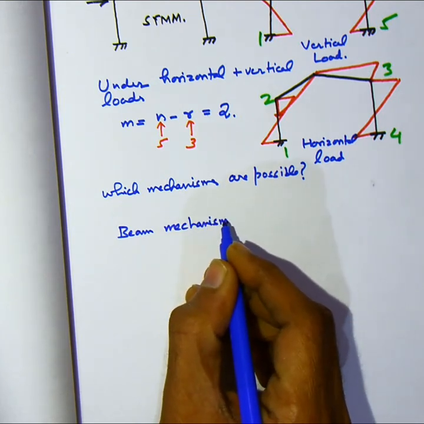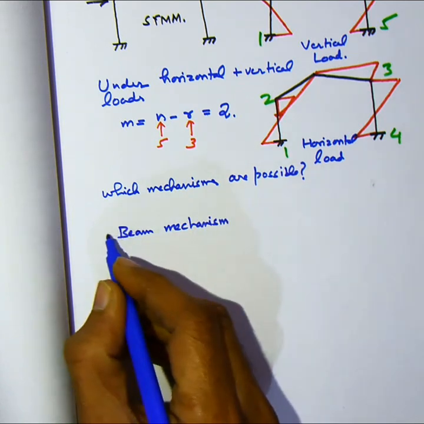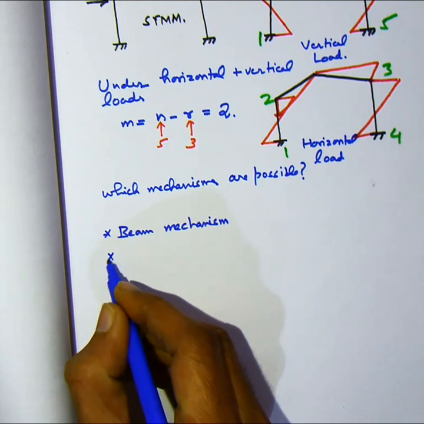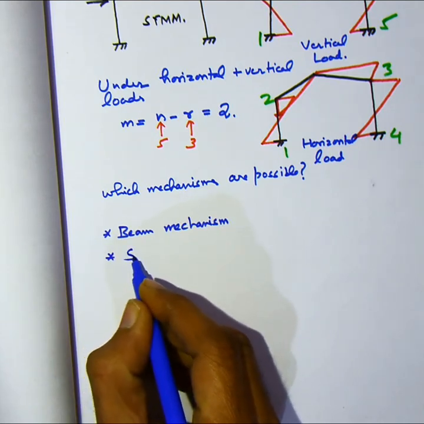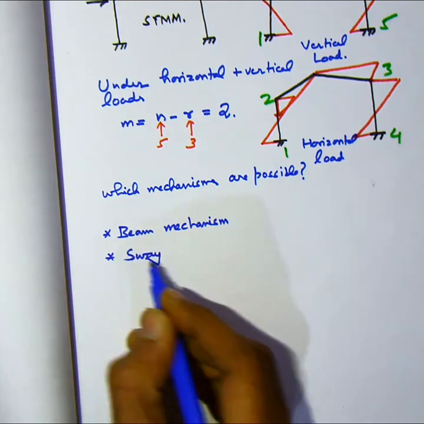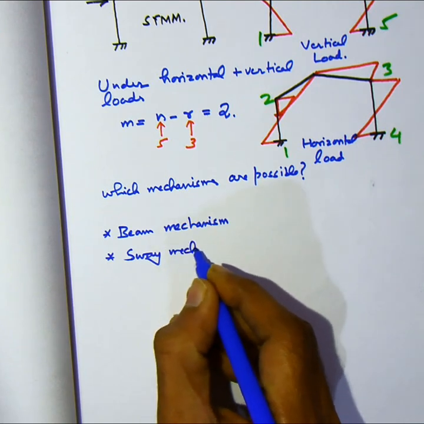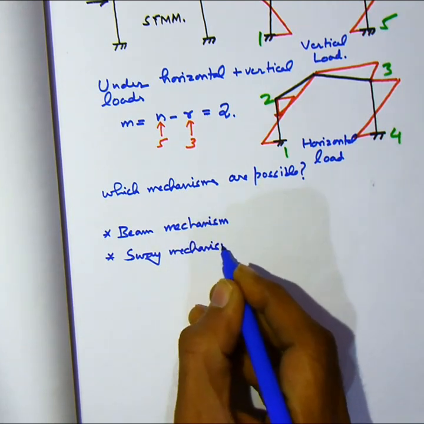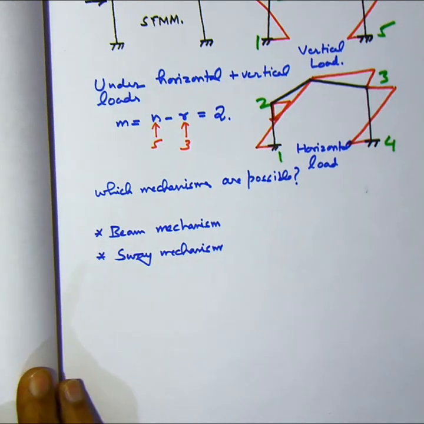So the first idea which will come to your mind will be something like the beam mechanism, because the beam mechanism looks to be an obvious choice, but will that be possible here? Beam mechanism, try it with your paper and pen to see if the beam mechanism is possible.